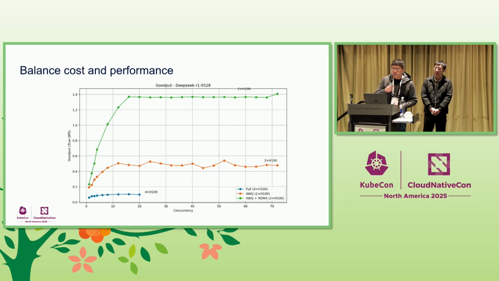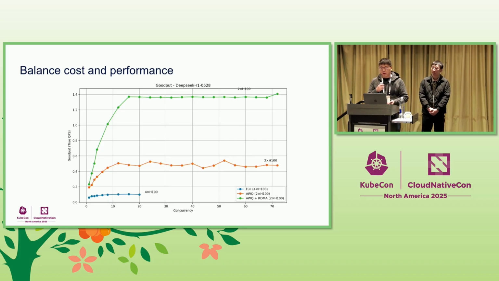Multi-node sometimes isn't cost effective. So in this benchmark, we compared the goodput we just talked about in an earlier slide. We compared the goodput benchmark performance between the full-weight model, the quantized model with TCP, and the quantized model plus RDMA PD setups. When we hold a very strict goodput, meaning the target TTFT and TPOT are very critical for production standards, the quantized model plus RDMA PD setup wins clearly.